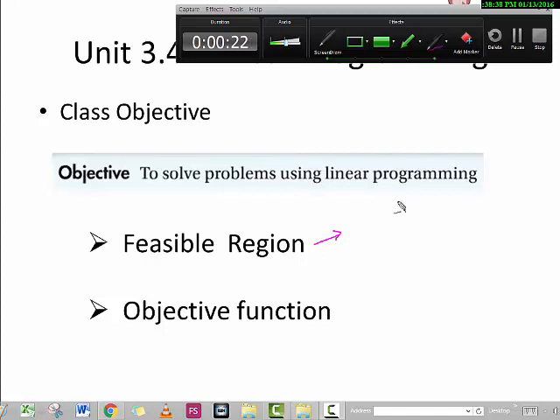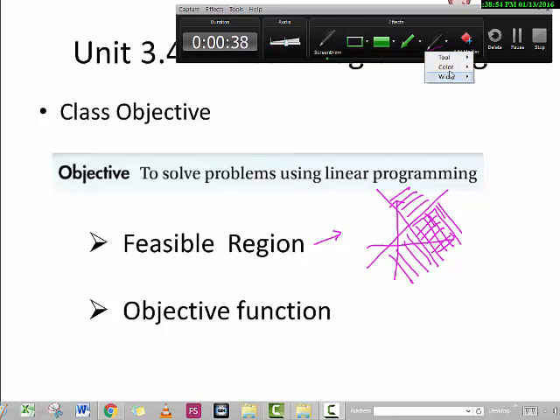So a quick recap: when we have two linear inequalities, say the intersection area right here, okay, I use a different color to highlight it for you.